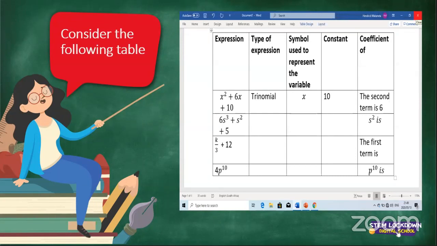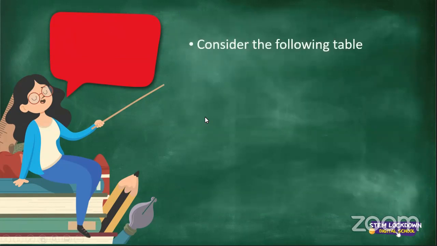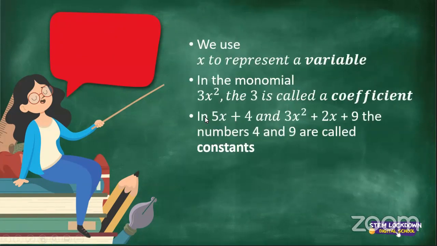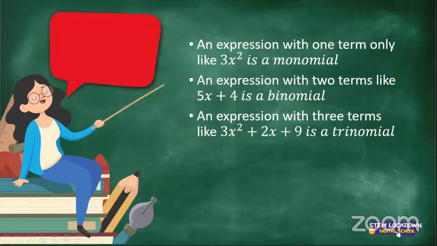Remember what I said initially, that there are types of expressions. You'll have either a monomial, which has got one term, or a binomial, which has got 2 terms. You can have a trinomial with 3 terms. So you need to understand the difference between the monomial, the binomial, and the trinomial.